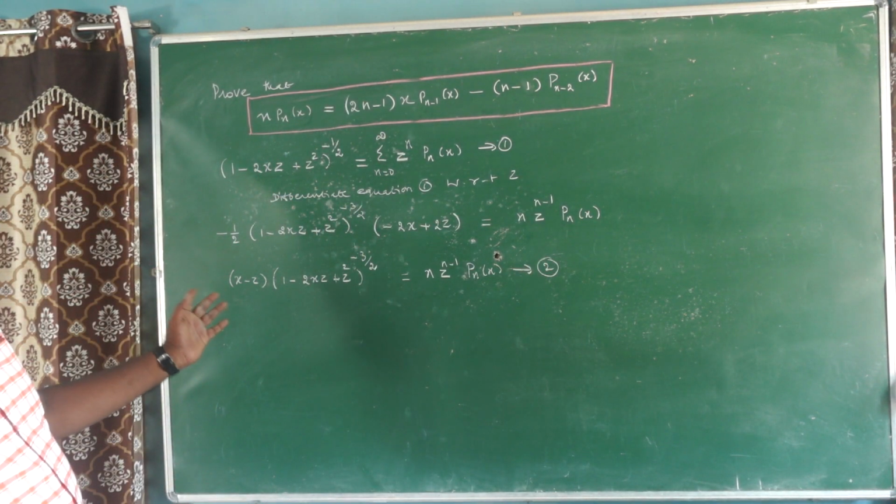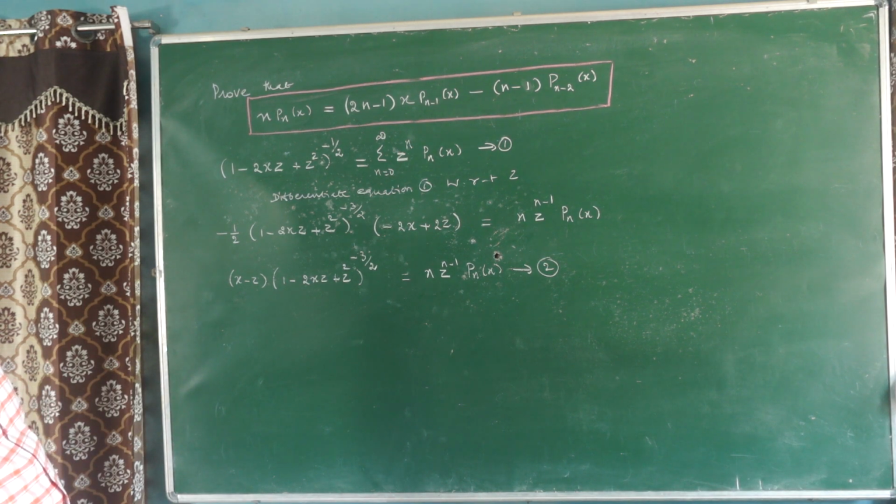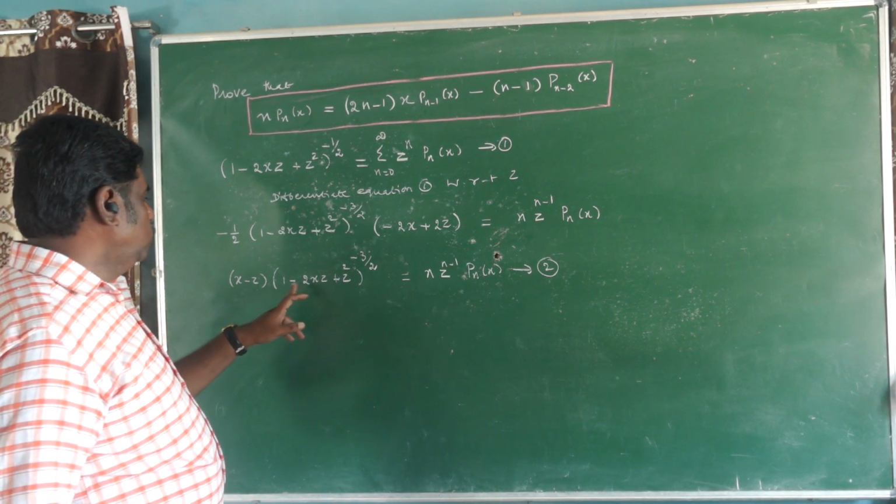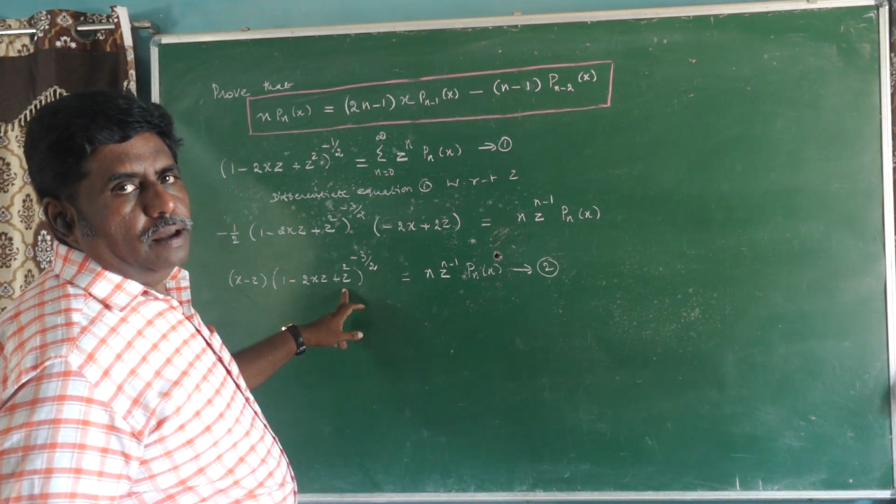Now, multiply both sides of equation 2 by (1 minus 2xz plus z square) power 1.